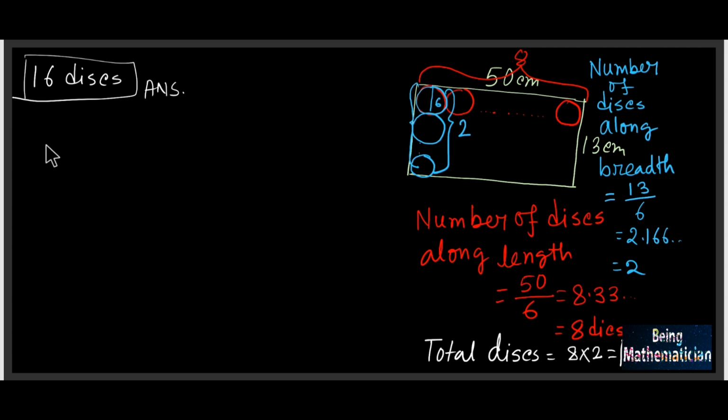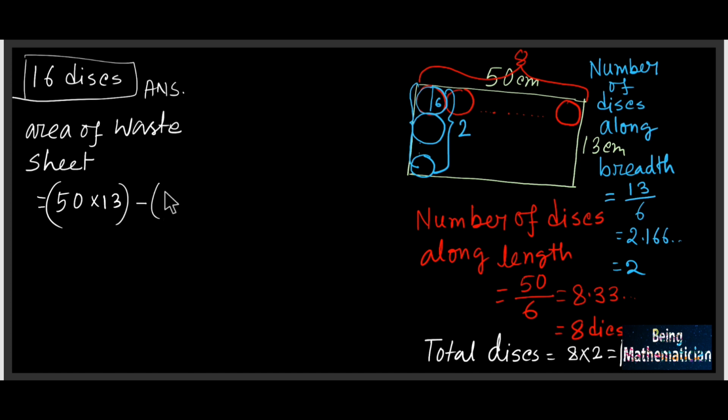Now the number of discs is 16, so the area of waste sheet is equal to the area of total sheet, that is 50 into 13, minus the total area of 16 discs, 16 into 22 by 7 into 6 by 2 into 6 by 2, because 6 centimeter is the diameter of each disc. Now let's calculate this.